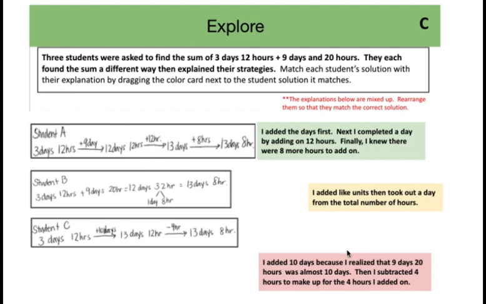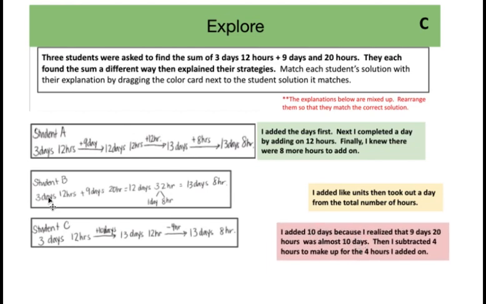Next, I completed a day by adding 12 hours. So they added 12 hours to the 12 hours we already had from this first add-in to get 13 days. And then they still had 8 more hours because they took away 12 and added them there to get the 13 days, 8 hours.